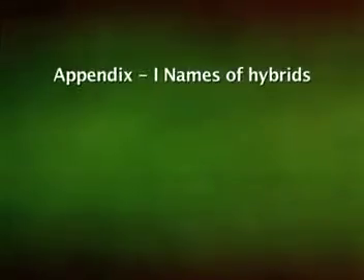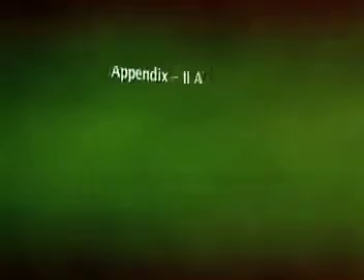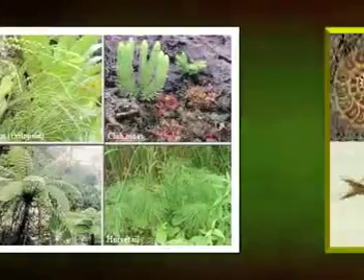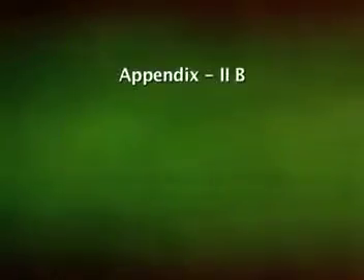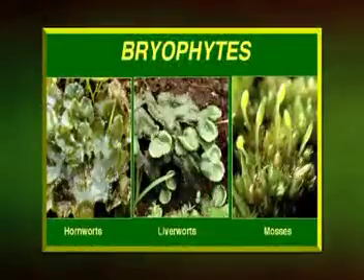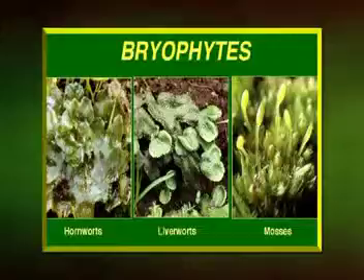There are five appendices in the code. Appendix 1, names of hybrids. Appendix 2A, conserved and rejected family names of fungi, pteridophytes, and fossils. Appendix 2B, conserved bryophyte and spermatophyte family names.